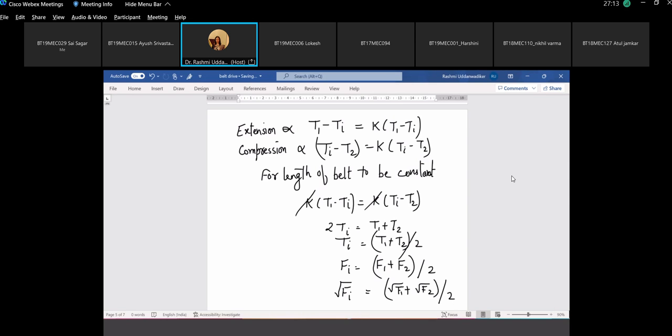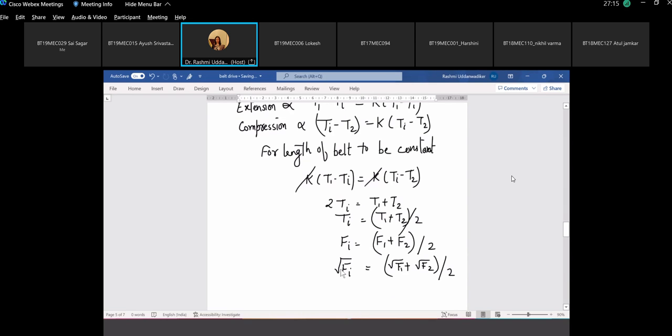The B.D. Shivalkar design data book that we are referring to is also using this equation for initial tension. Magnitude wise, this will make a little difference, not much, but different books of machine design would be using different expressions.